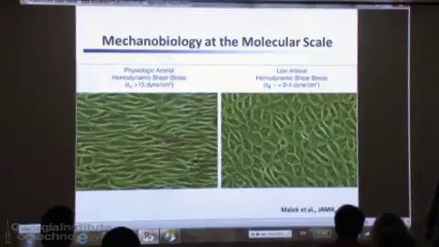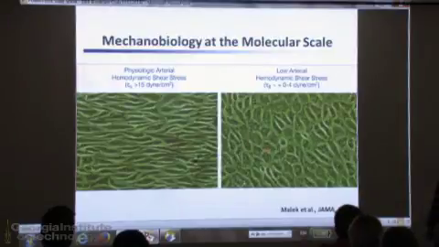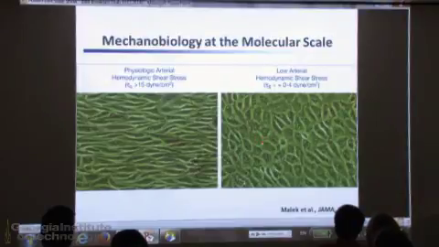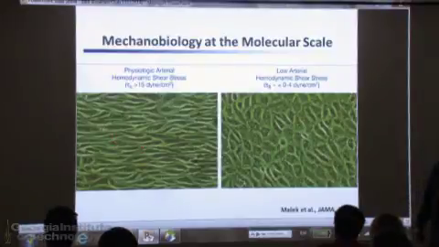This is, I guess, very well known. When you have endothelial cells cultured in static or oscillatory condition, the endothelial cells have this cobblestone shape, rounded, with no alignment. When you apply a steady state shear stress flow over 24 hours, you will see the alignment of the endothelial cells in the direction of flow, and elongation as well.